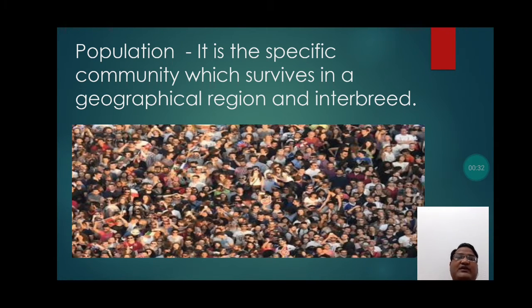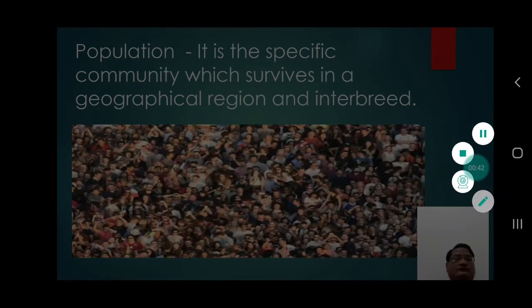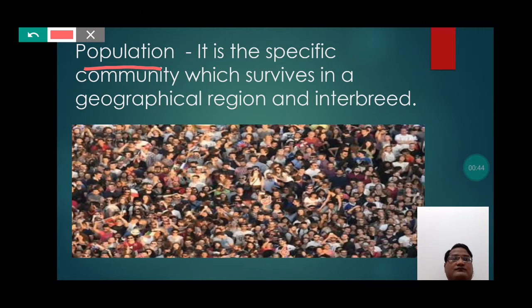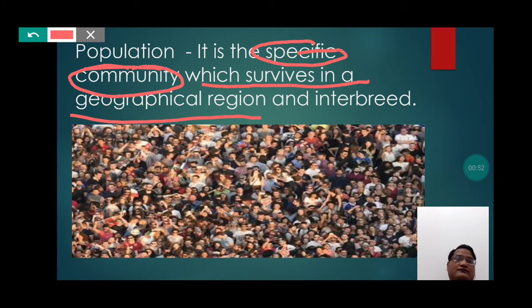It is a specific community which survives in a geographical region and interbreeds. So students, population actually is a specific community which survives in a geographical region and further interbreeds.